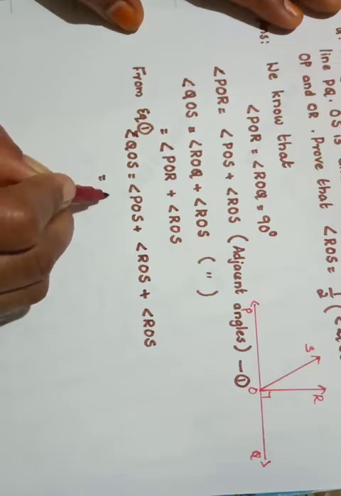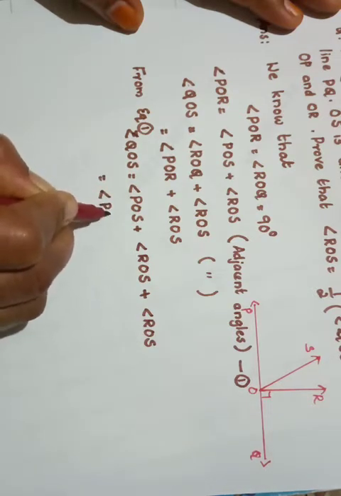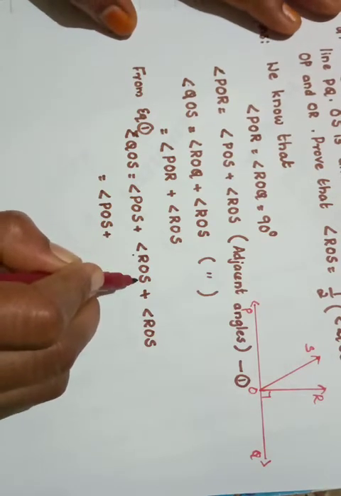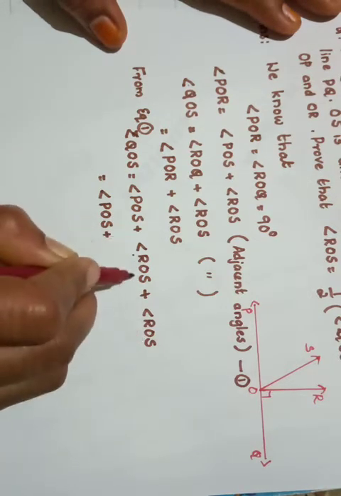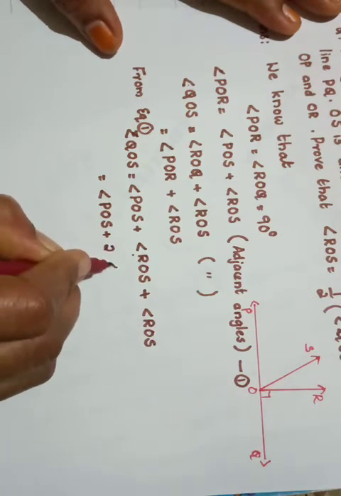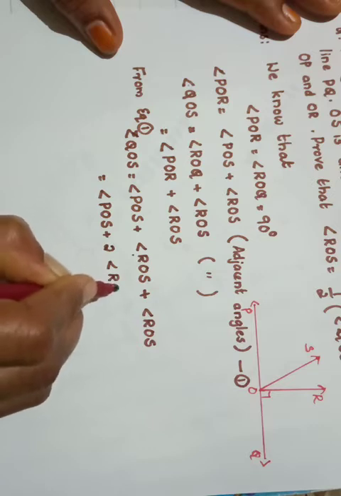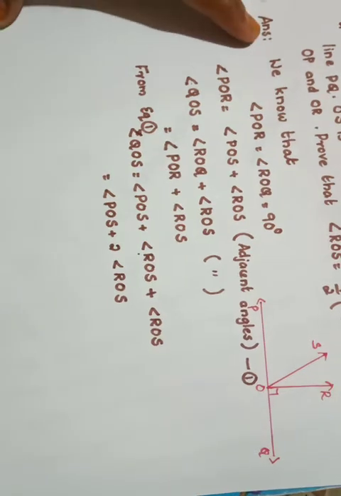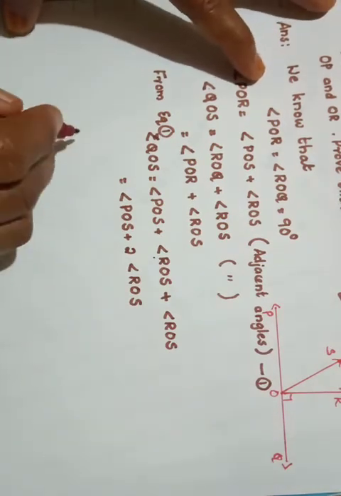So which is equal to angle POS plus... now listen, what is angle ROS plus angle ROS? One angle ROS plus one angle ROS, you will get 2 times angle ROS. Till here, is the step clear? Okay.